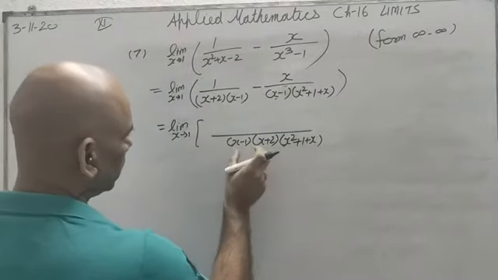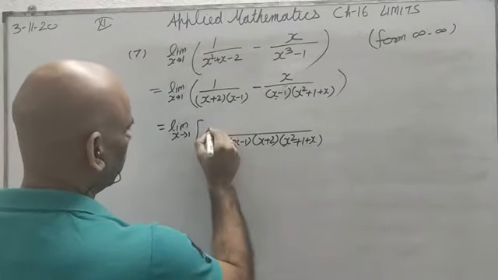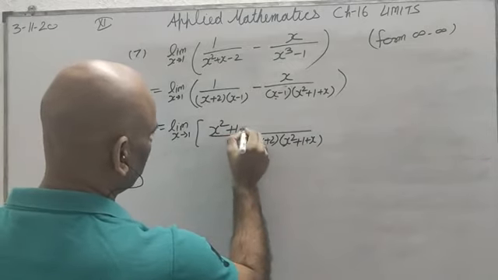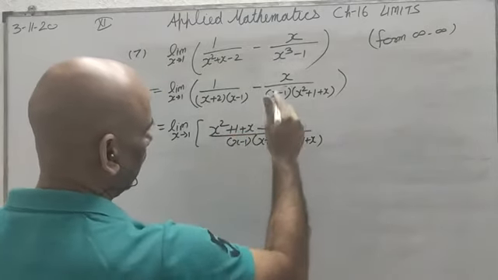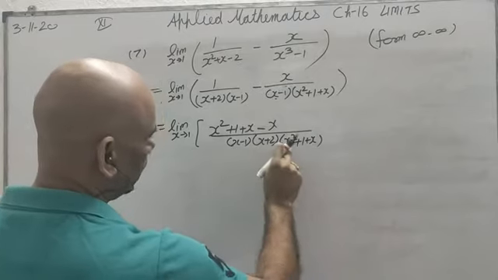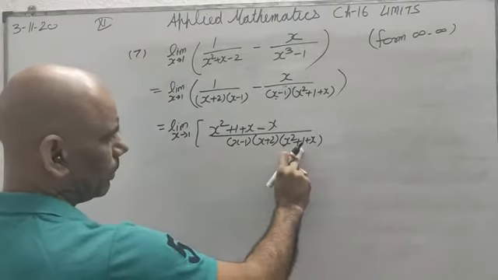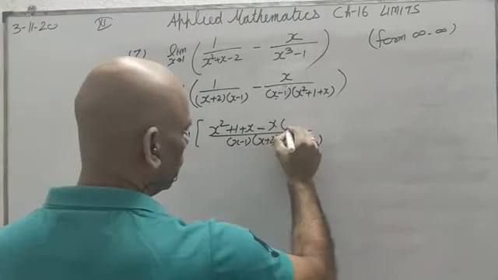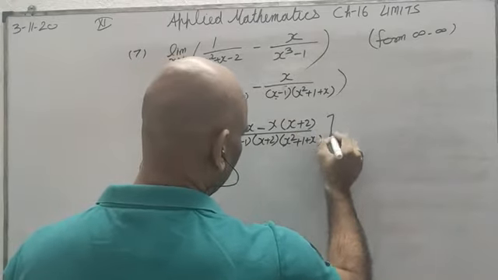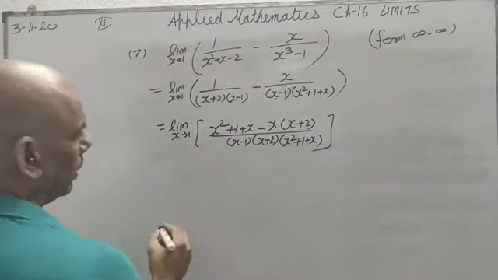So x minus 1 is here but x plus 2 is not here, so this will come here. x square plus 1 plus x is here, x plus 2 is not here, so x plus 2 will be multiplied with x. Let me solve.